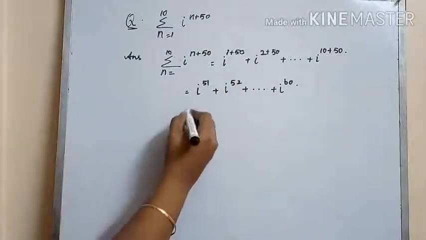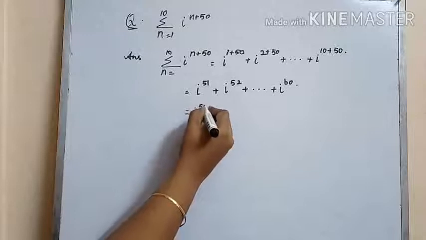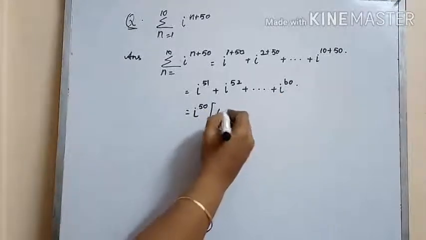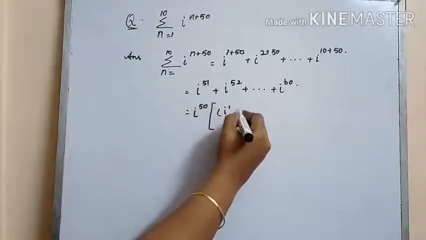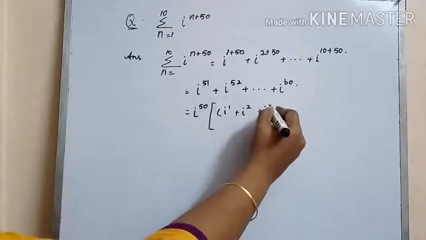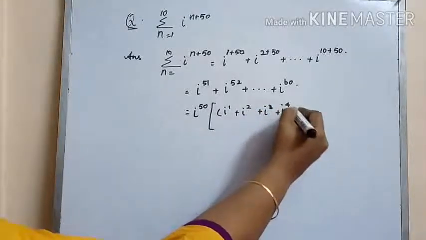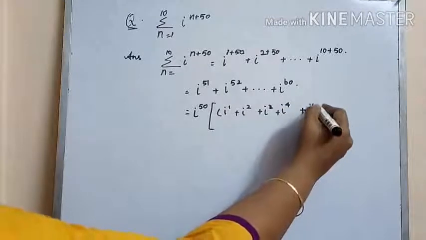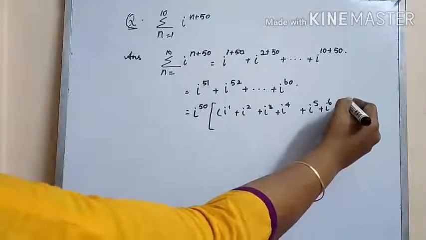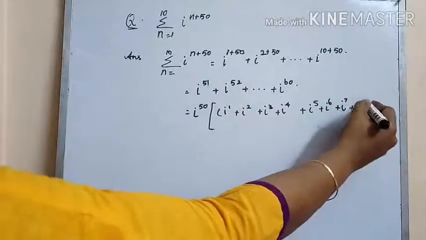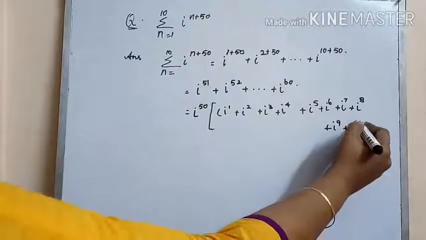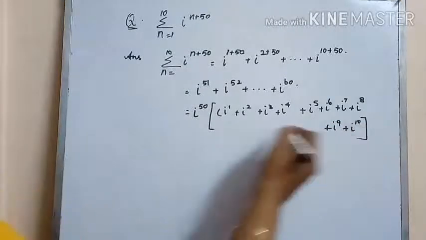Here i to the power of 50 can be taken as a common term from all the terms, and we have in the bracket i plus i squared plus i to the power of 3, i to the power of 4, i to the power of 5, i to the power of 6, i to the power of 7, i to the power of 8, i to the power of 9, and plus i to the power of 10.